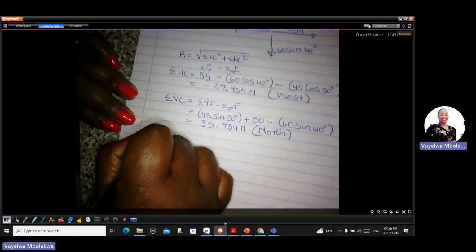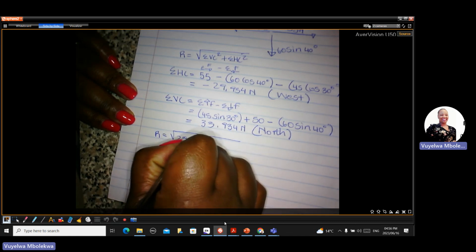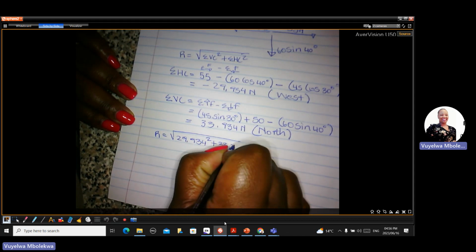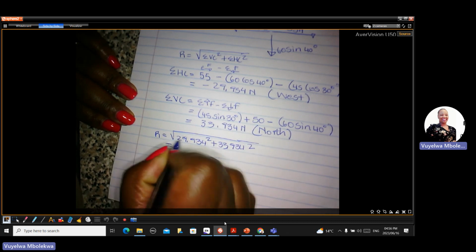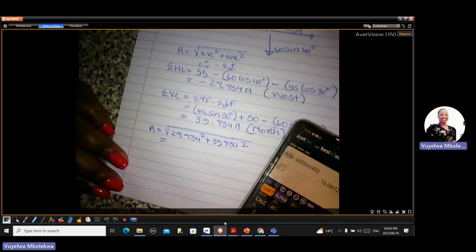And then to get my resultant, I'm going to say the square root of 29.934, I square that, plus 33.934, I square that. So you notice I left out the sign, because the sign is basically just to show you the direction.